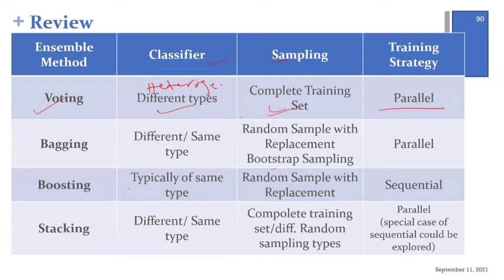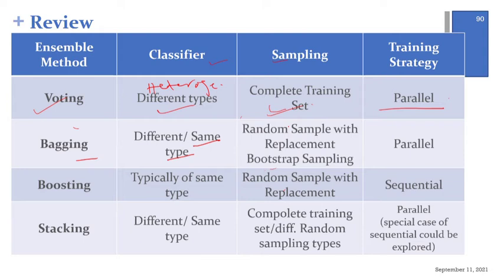For bagging, we have different or same types. You can have different types of classifier, and you can also have the same type of classifier. Then we have random sampling with replacement, which we call bootstrap sampling, used to generate different sets. So you are not using the same training set, and that is why you can have the same type of classifier. If you are having the same type of classifier, you cannot train with the same training set.